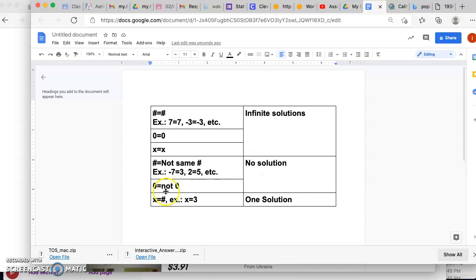And finally, if I have one that comes out regular, like most of the ones we've been doing, where I might say x equals some number, like x equals 3, that's a case where it's just one solution. Now let's look at 2 more examples of infinite solutions and no solutions just to completely solidify your understanding.